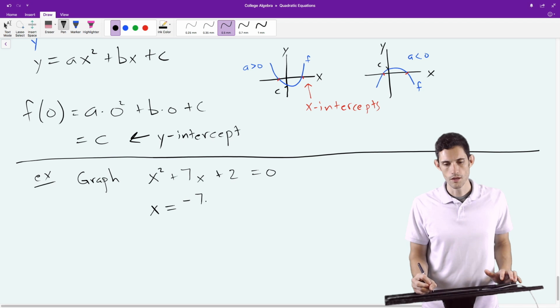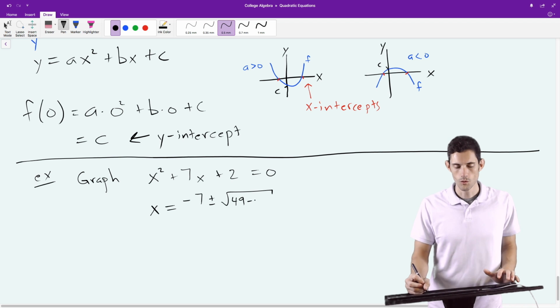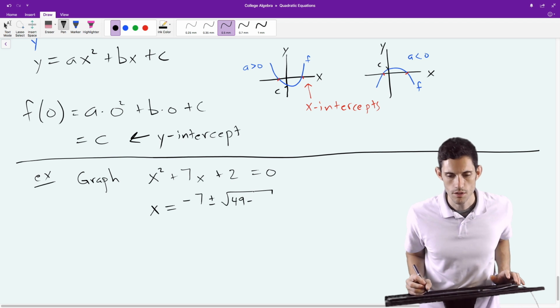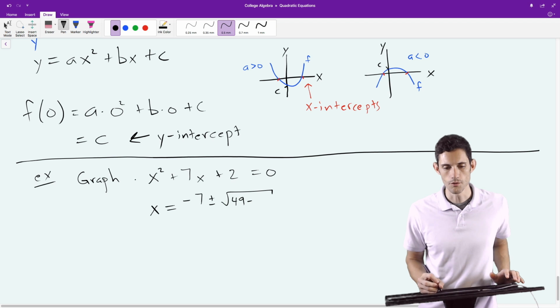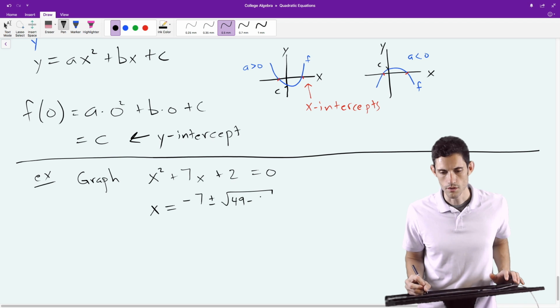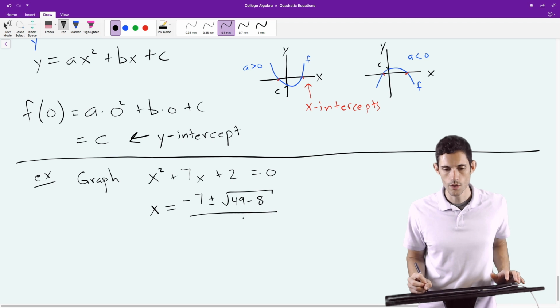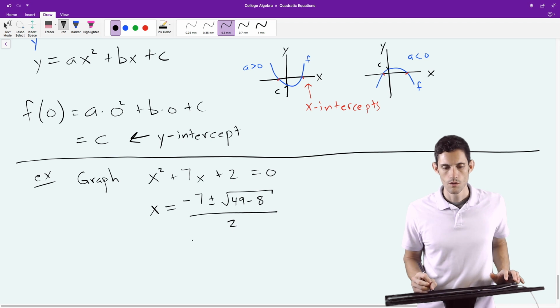So negative b plus or minus the square root of b squared minus 4ac. So a times c is 2 because a is 1, and 4 of those is 8. All over 2a. A is 1.